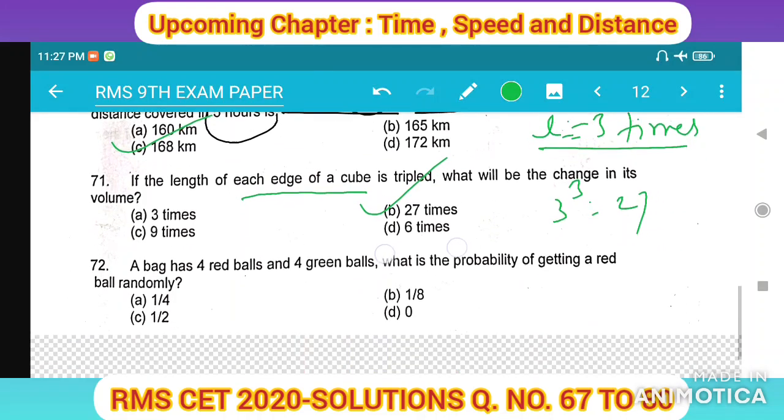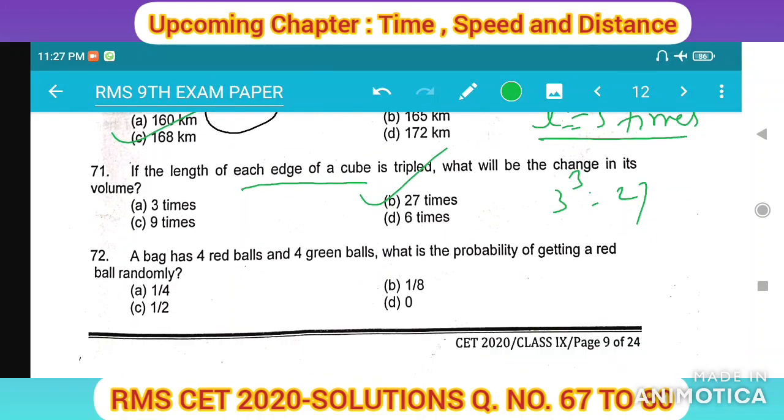Right? A bag has 4 red balls and 4 green balls. What is the probability of getting a red ball? It's also very easy. Total number of balls, how many? 4 red balls and 4 green balls. Total quantity is 8.